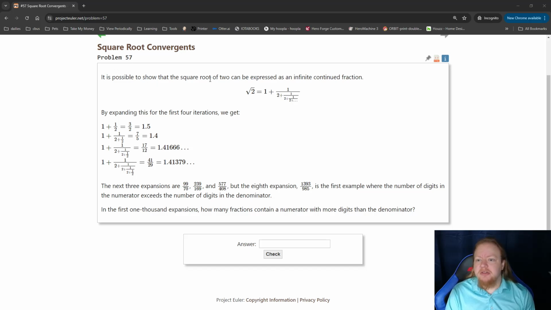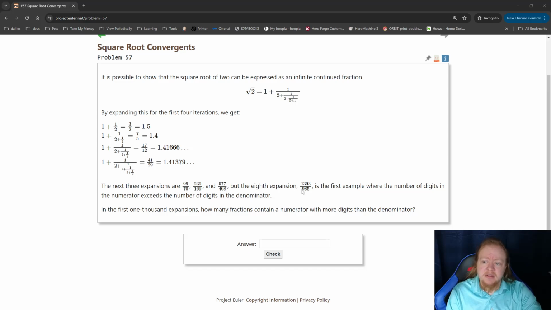It is possible to show that the square root of 2 can be expressed as an infinite continued fraction. So the square root of 2 equals 1 plus 1 over 2 plus 1 over 2 plus 1 over 2, etc. By expanding this for the first 4 iterations, we get 1 plus 1 over 2 equals 3 over 2. 1 plus 1 over 2 plus 1 half equals 7 fifths, etc. The next 3 expansions are 99 over 70, 239 over 169, and 577 over 408.